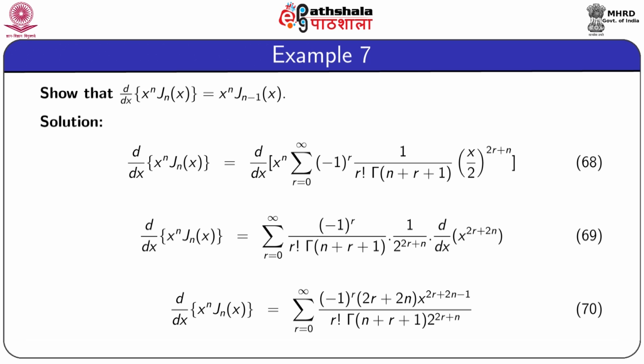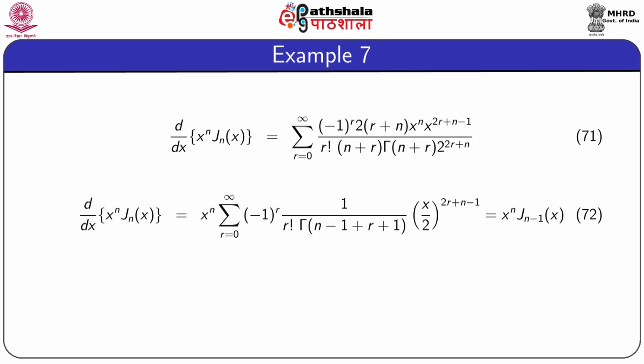Γ(n+r+1) 2^{2r+n}. Hence, after much simplification, we will get d/dx of x^n J_n(x) equal to x^n summation r = 0 to infinity (-1)^r (1/(r! Γ(n-1+r+1))) (x/2)^{2r+n-1}, which is equal to x^n J_{n-1}(x).